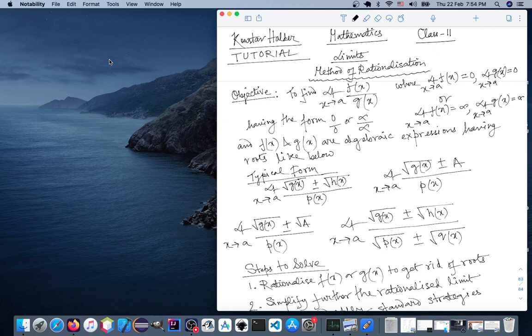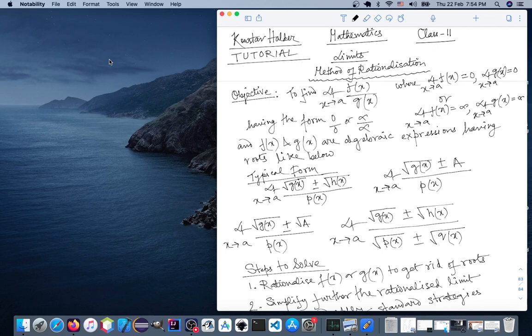I've written down some standard forms. It will be of the form root over g(x) plus minus root over h(x) divided by p(x), where g(x) and h(x) are algebraic terms. Or it can be of the form root over g(x) plus minus a by p(x), where a is a constant and g(x) and p(x) are algebraic terms.